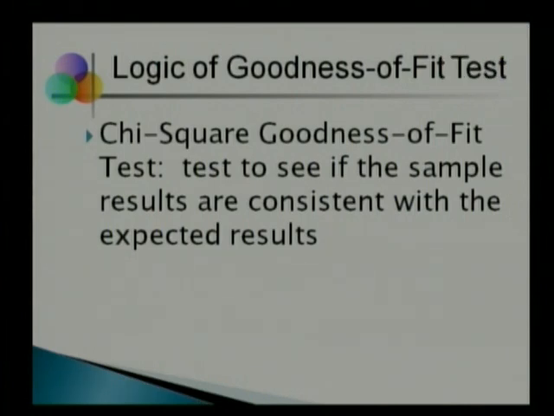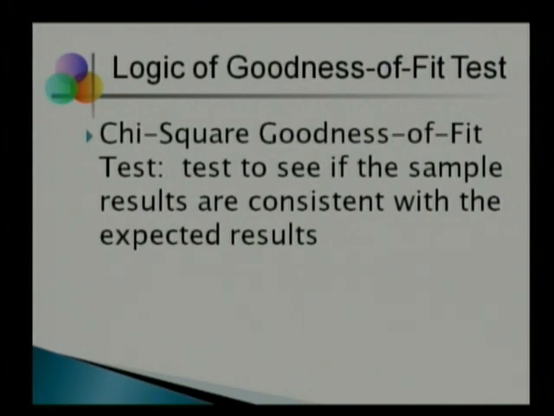This chi-square test of goodness of fit is used to see if the sample results are consistent with the expected. We have the observed data, we calculate the expected frequencies as per the uniform distribution, and then we compare the difference. That means, is there any significant difference between the observed frequencies and expected frequencies?